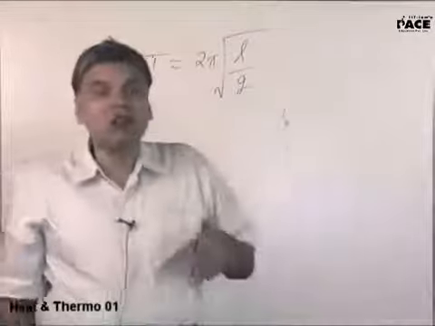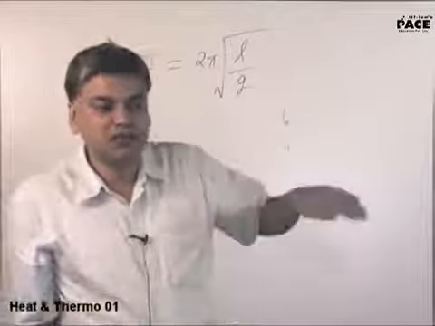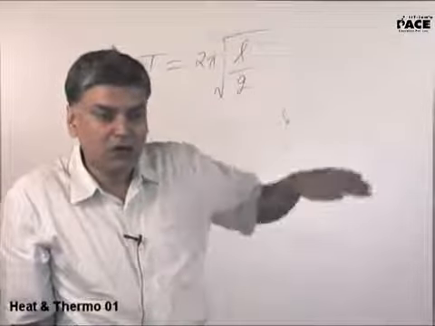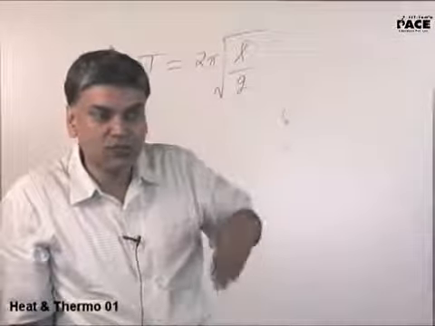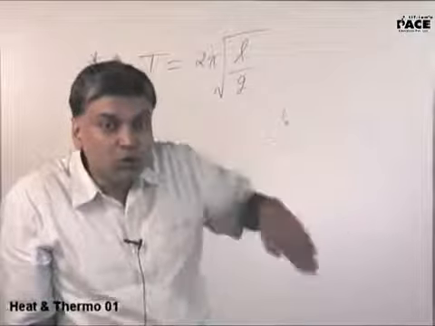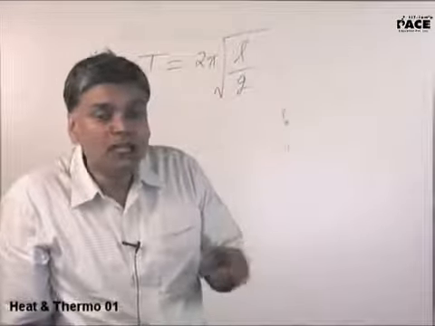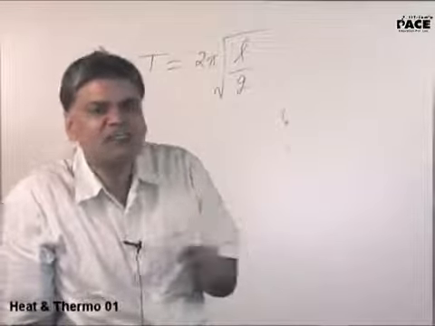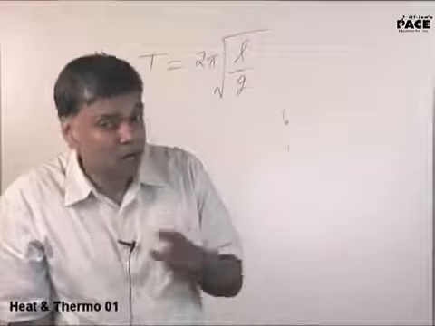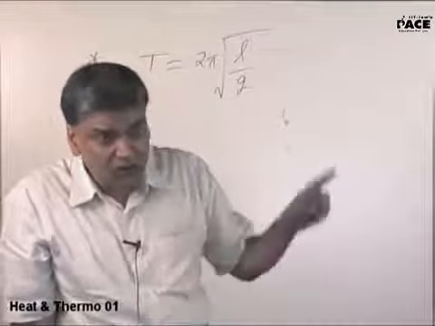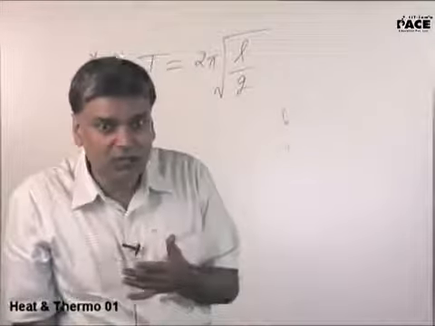So if the clock is supposed to do one oscillation in 2 seconds, now suppose it does one oscillation in 2.1 seconds or 2.01 seconds, in the whole day there will be a lot of loss of time. You might say it is just 0.01, but no, in one day it has to go 86,400 times, this way, that way.